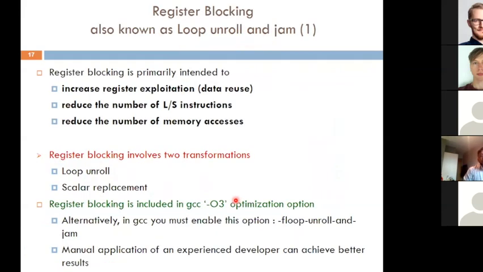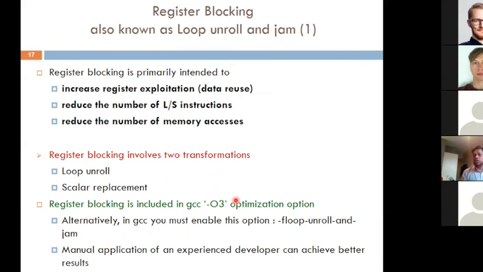Next, register blocking is another loop optimization technique, also known as loop unroll and jam. The main aim of using register blocking for our loop is that it is very good for increasing register exploitation, meaning that we can keep our data in the register and reuse it.